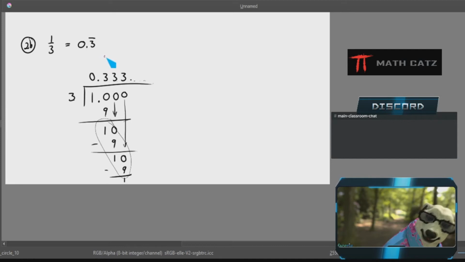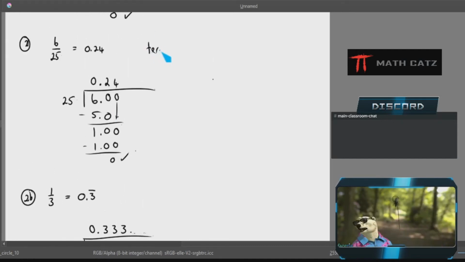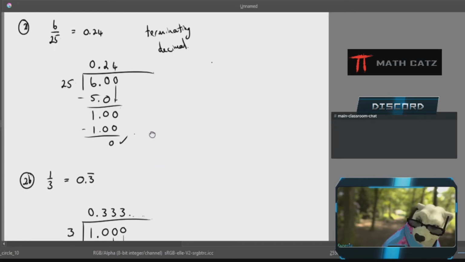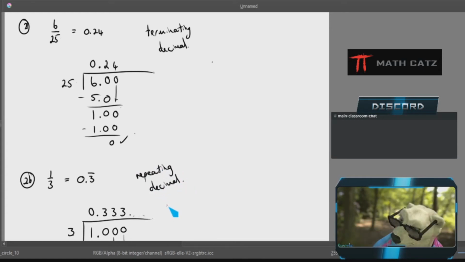So some fractions are what we call a terminating decimal number. Some are what we call a repeating decimal number.